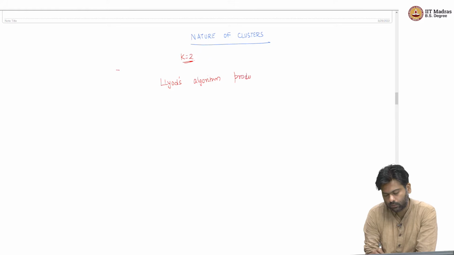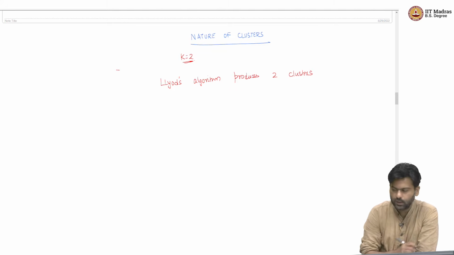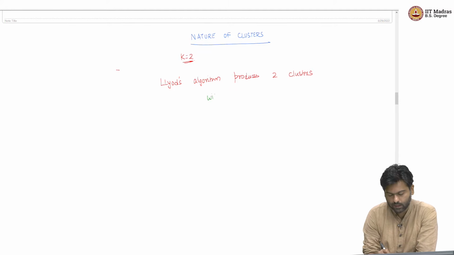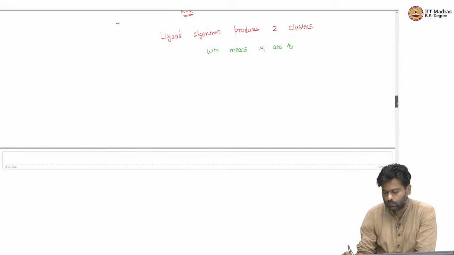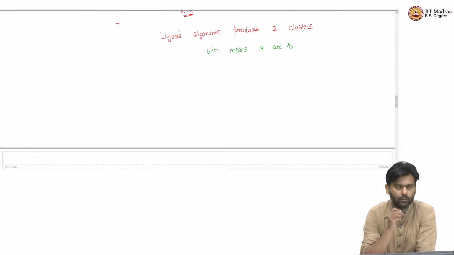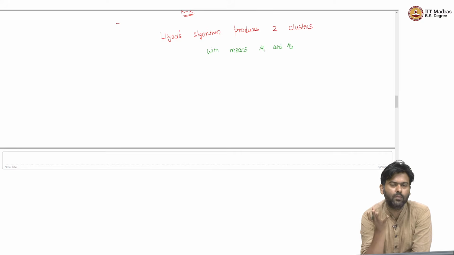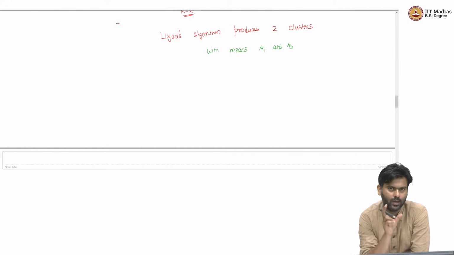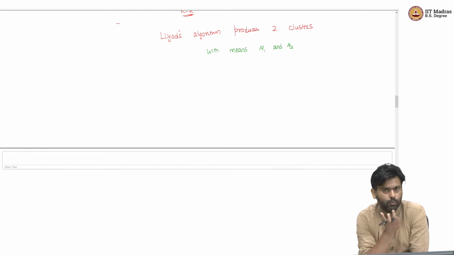and it produces 2 clusters. It will converge and it will produce 2 clusters with means, let us say mu1 and mu2. Let us say the algorithm converges, and in the converged partition we look at the average of cluster 1 and the average of cluster 2, and it turns out to be mu1 and mu2.